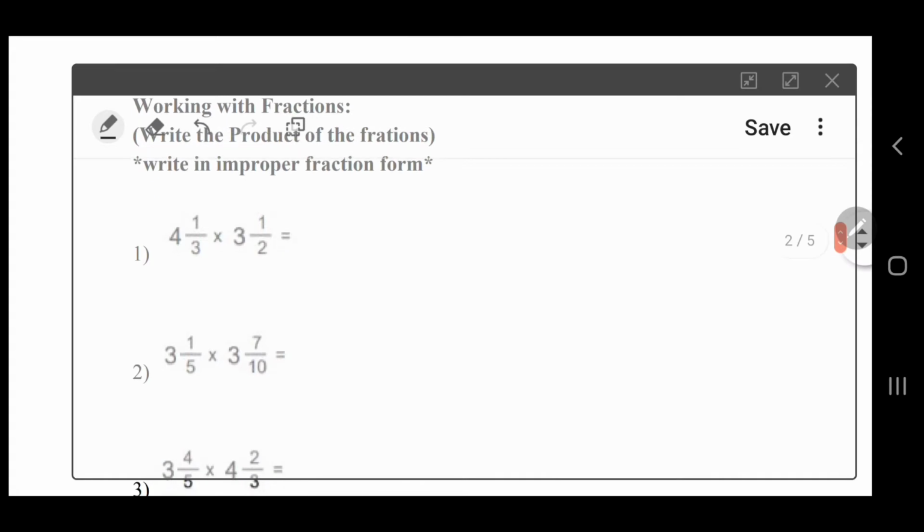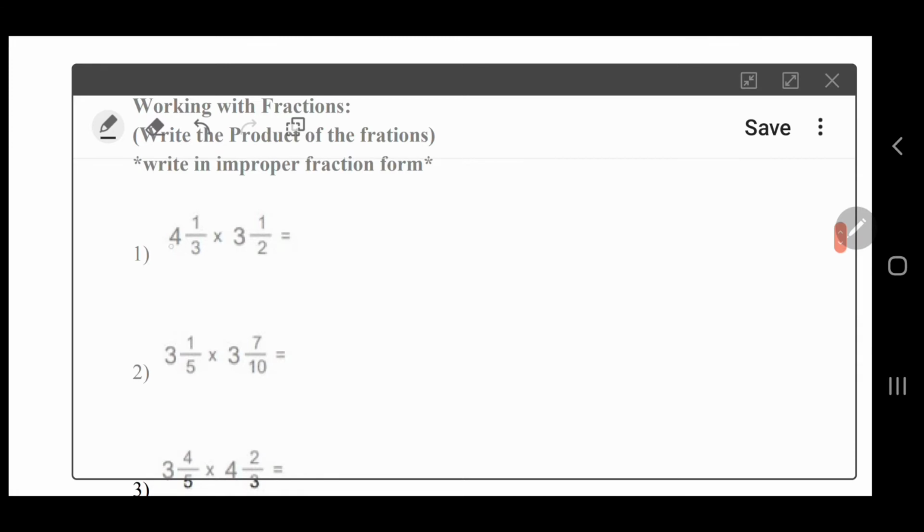So let's start off with number 1. First thing you want to do with mixed numbers is turn them into an improper fraction. It would look something like a normal fraction, except the numerator would usually be greater than the denominator. Here, let me show you guys.